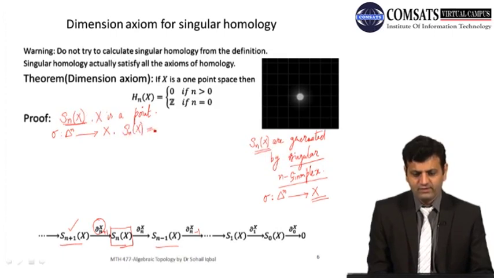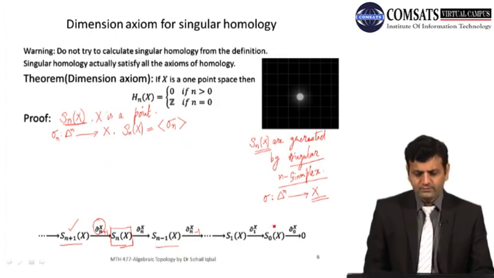So S_n(X) is generated by sigma n, where n denotes the dimension of this simplex. So it is generated by only one element, and of course we can see that S_n, S_{n-1}, S_0, S_1, all of them are generated by one element. So S_0(X) is generated by sigma naught.